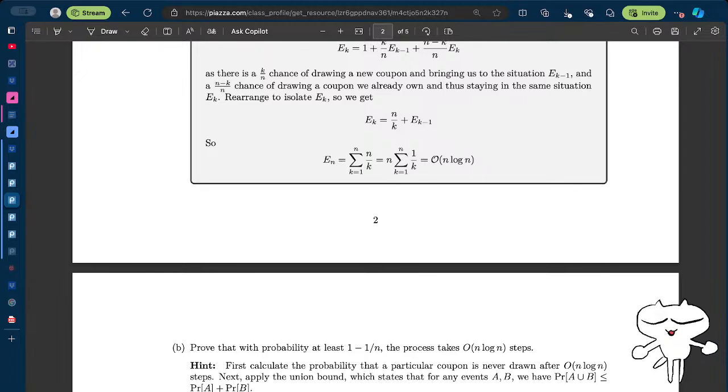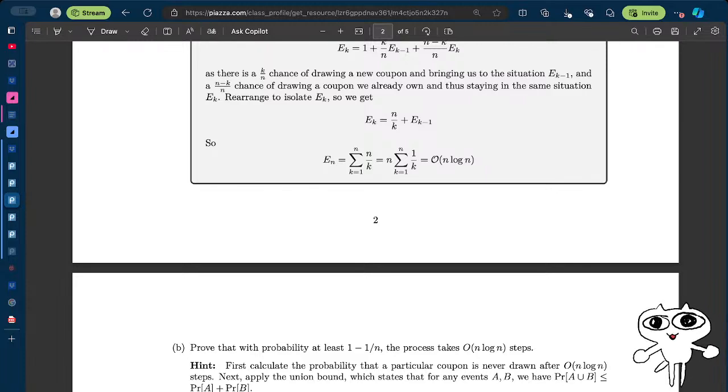So if you're using Markov's inequality, then we are saying the probability that our algorithm won't succeed after some expected amount of time is something, right? We have to prove that.